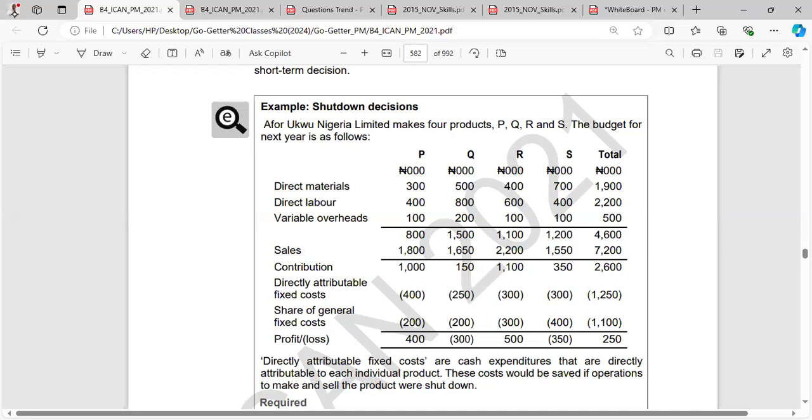Let's say you are renting a refrigerator as a fixed cost, and you have a department called smoked fish and iced fish department. Where will you keep the fish? In the refrigerator. If you close down that department, you will no longer be renting the refrigerator. And so that is what we call directly attributable fixed cost.